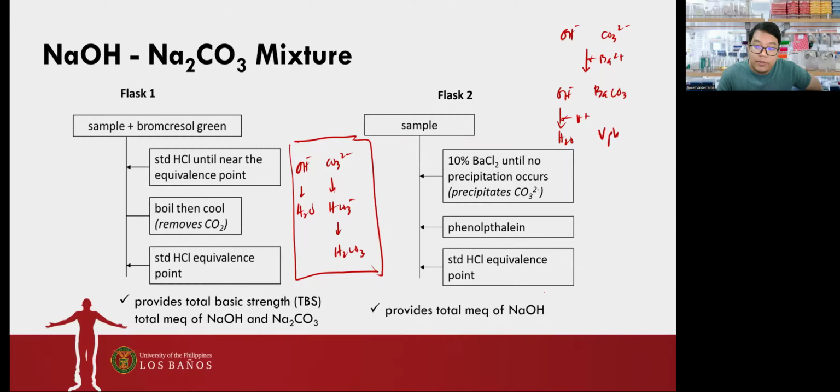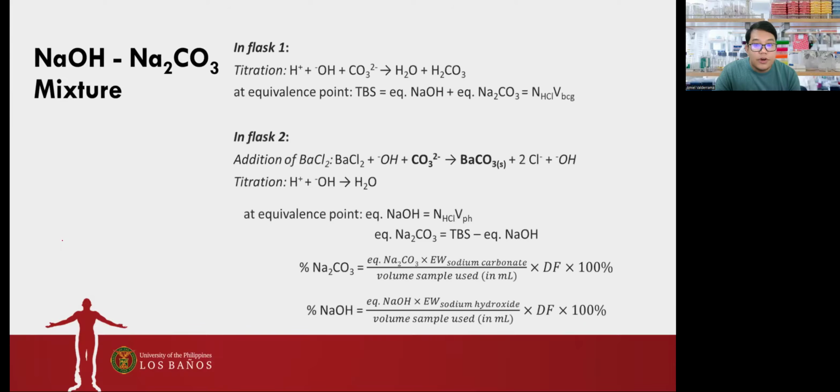So, dito, we can determine the equivalence of NaOH, whereas in the flask 1, it's the total basic strength equal to the equivalence of NaOH plus the equivalence of sodium carbonate. Okay? So ngayon, para lang malaman natin yung composition natin.